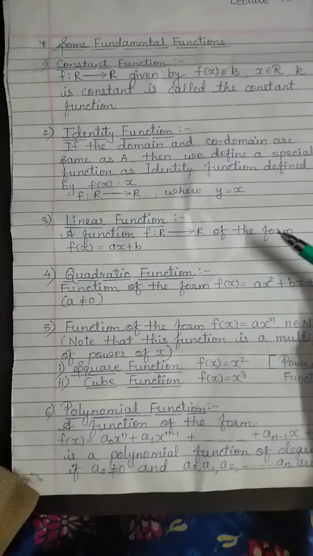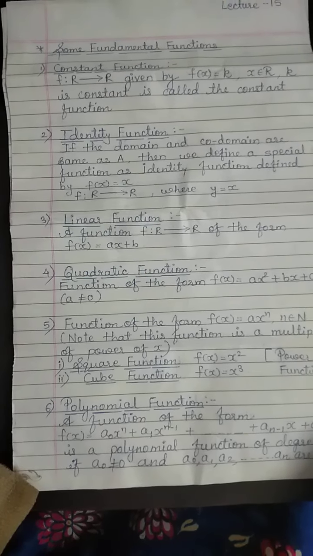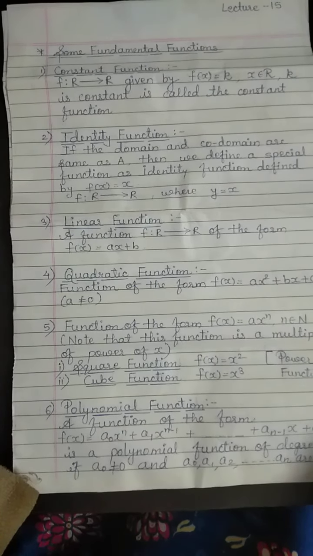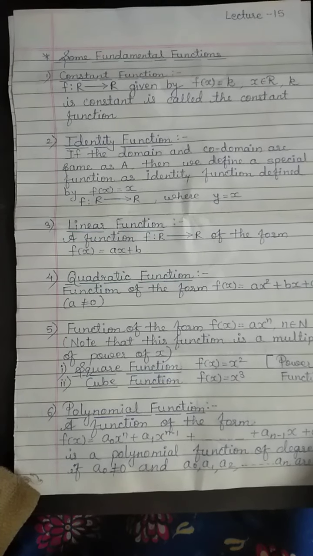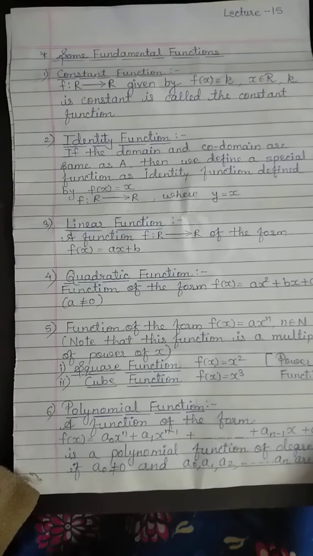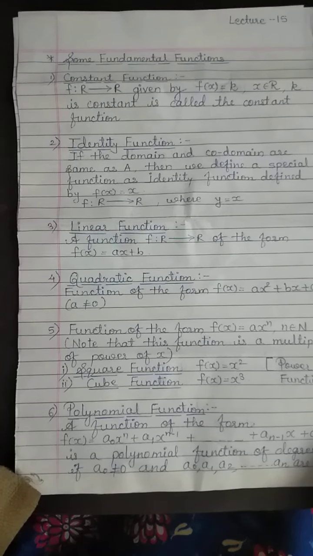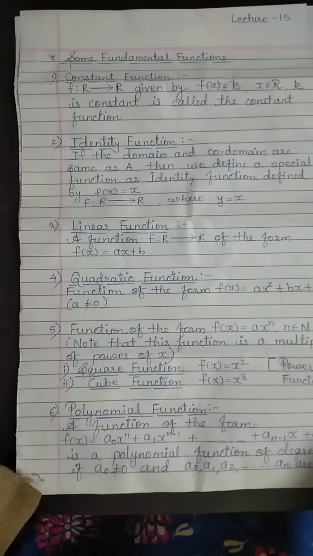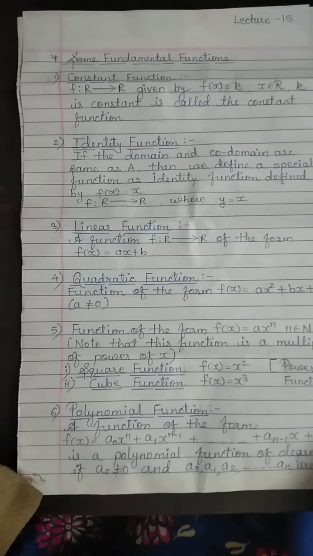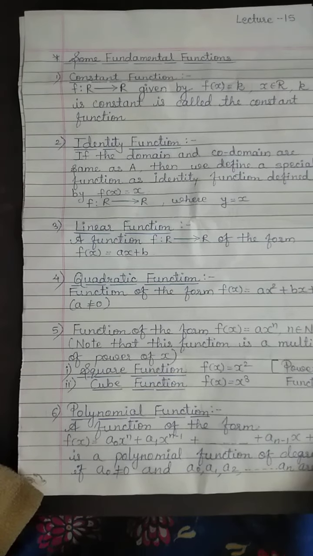Now linear function. A function f from R to R of the form f of x is equal to ax plus b. Now here the power of x will be 1 because this is a linear function.